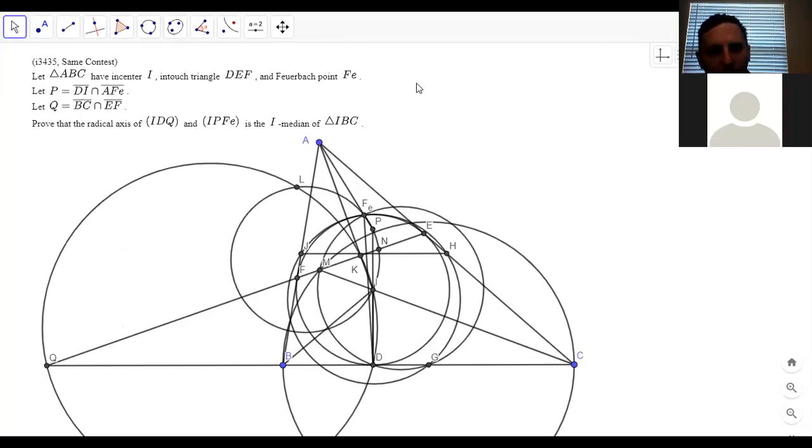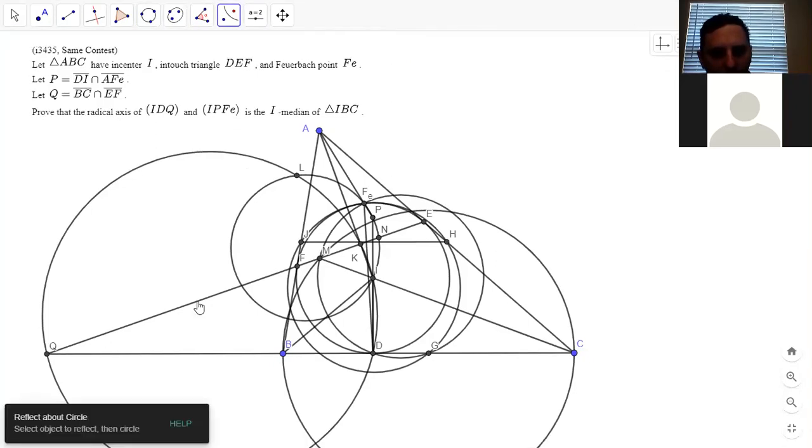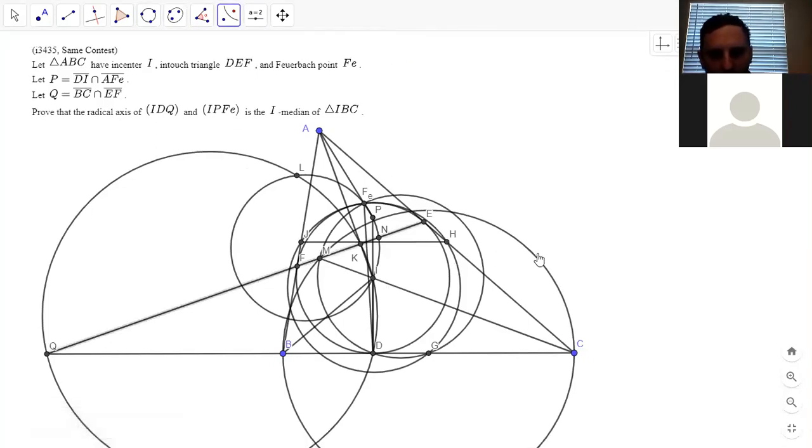The image of the whole line EF. Let's see. Oh, it looks like it is the circle FMG, or FE, sorry, Feuerbach MG. It is the 9-point circle of BIC. Of EF, yes.